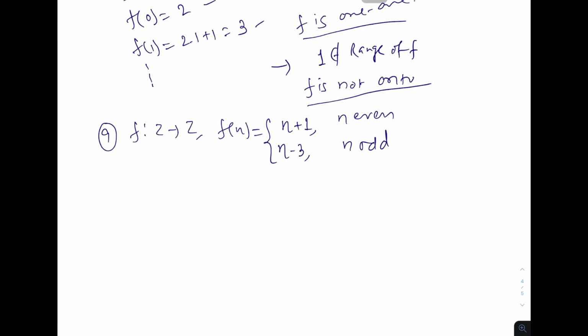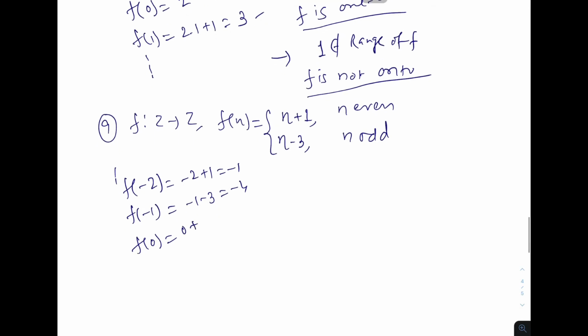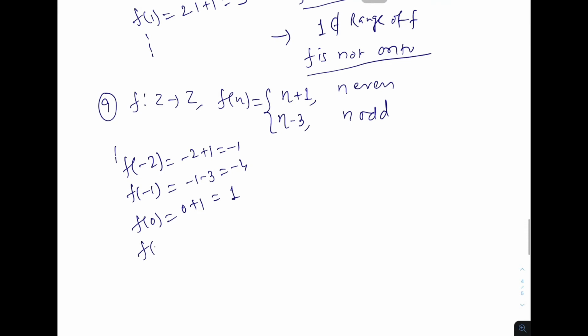Say here also we can take some values like f of minus 2, n is even, minus 2 plus 1, minus 1. F of minus 1, n is odd, minus 1 minus 3, minus 4. Say f of 0, 0 is even, so 0 plus 1, so it is 1, and so on.